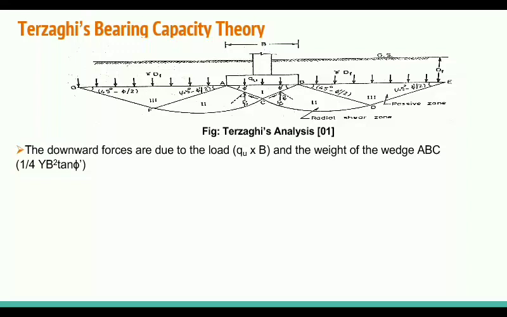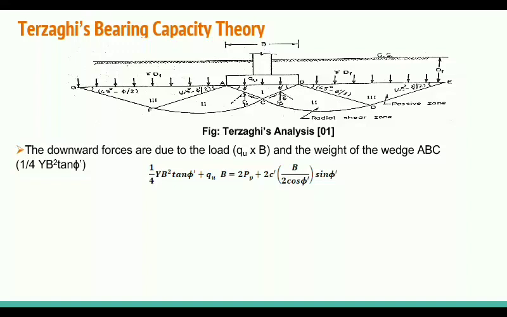And what is the upward force? These two forces are acting downward at the sloping edges AC and BC. So what are the upward forces? The upward forces are the vertical components of the resultant passive pressure, which is denoted by Pp, and the cohesion acting along the inclined surface.